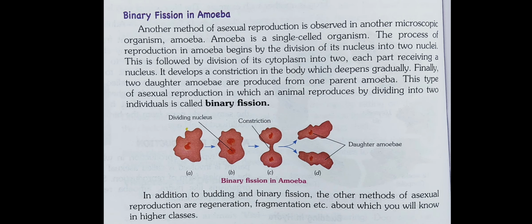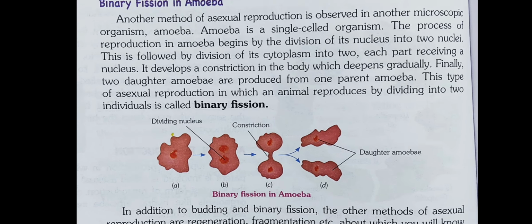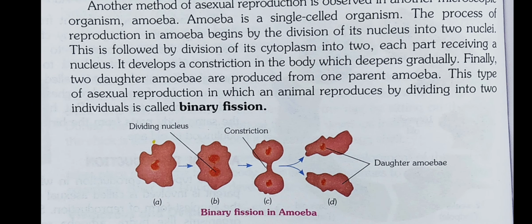This is followed by division of the cytoplasm into two, each part receiving a nucleus. It develops a constriction in the body which deepens gradually. Finally, two daughter amoeba are produced from one parent amoeba. This type of asexual reproduction in which an animal reproduces by dividing into two individuals is called binary fission.